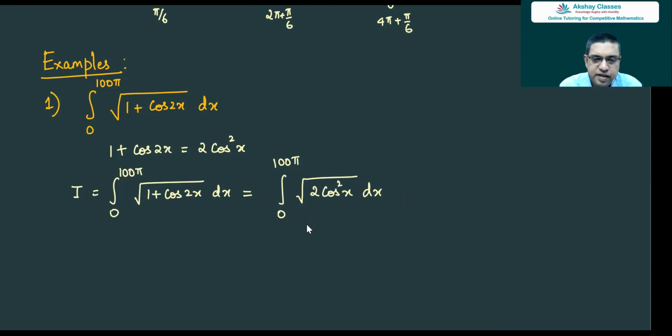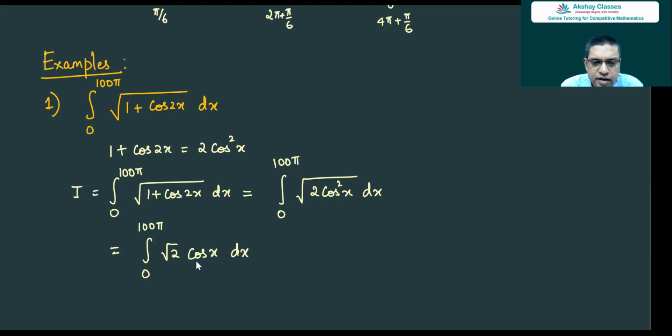Now, the mistake students make here is they will write this as integral 0 to 100 pi under root 2 cos x. Here is the big mistake.